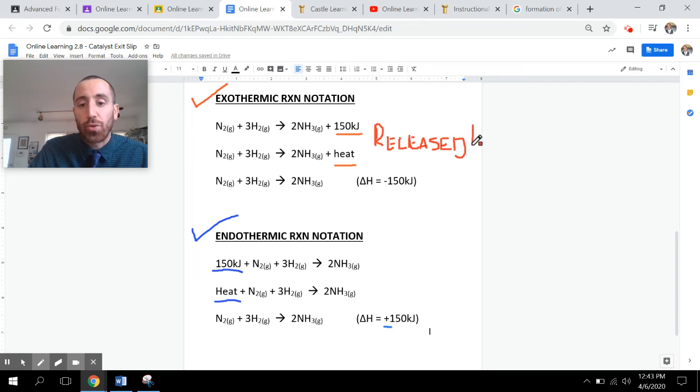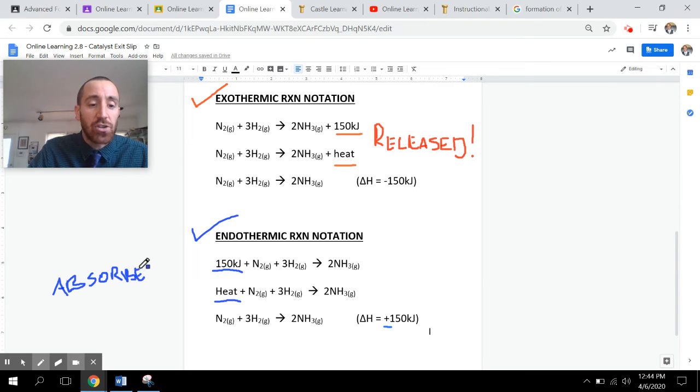All those things are true for exothermic reactions. On the other hand, when we keep the heat as a reactant, we say it's being absorbed. Okay? We say that heat is being absorbed and that the delta H is positive and therefore it's endothermic.